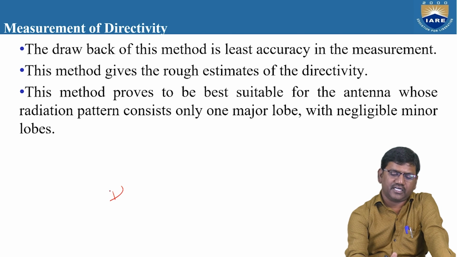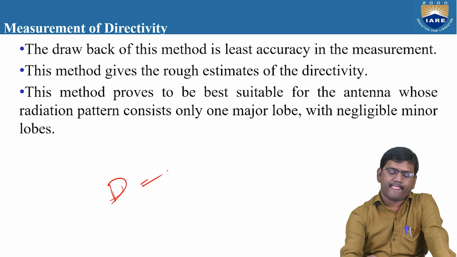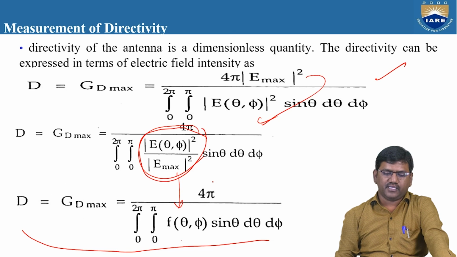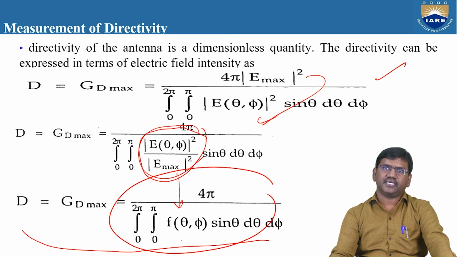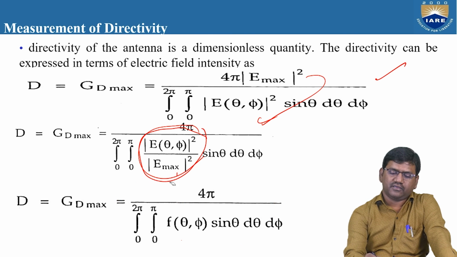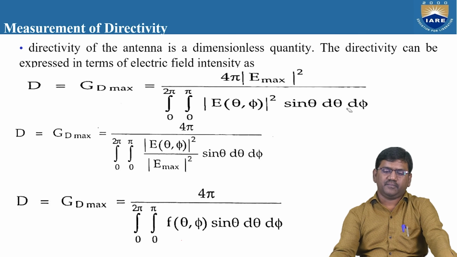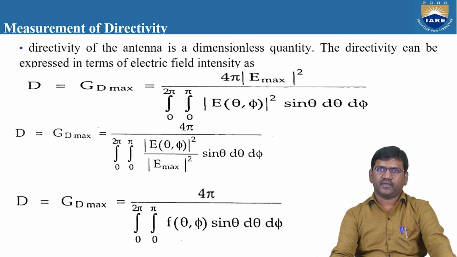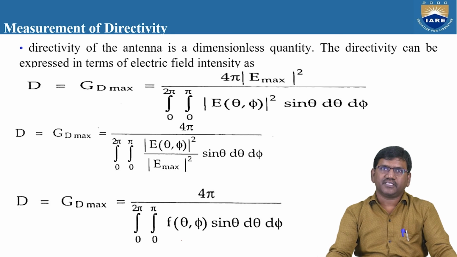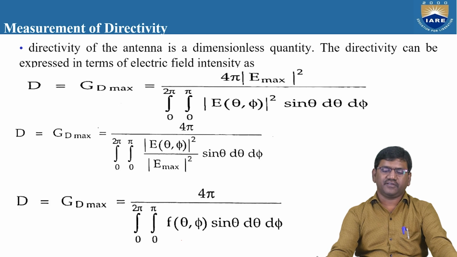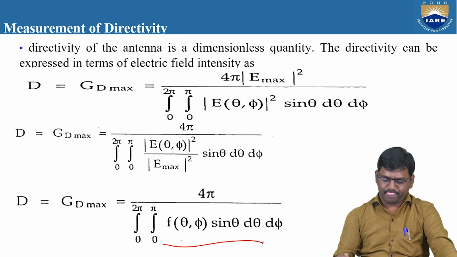Because we calculate the directivity by means of this formula, D is equal to 4 pi by the integral of f of theta comma phi sin theta d theta d phi. So the accuracy of measuring the directivity by this method is very low, which is one of the basic disadvantages of directivity measurement by this formula.